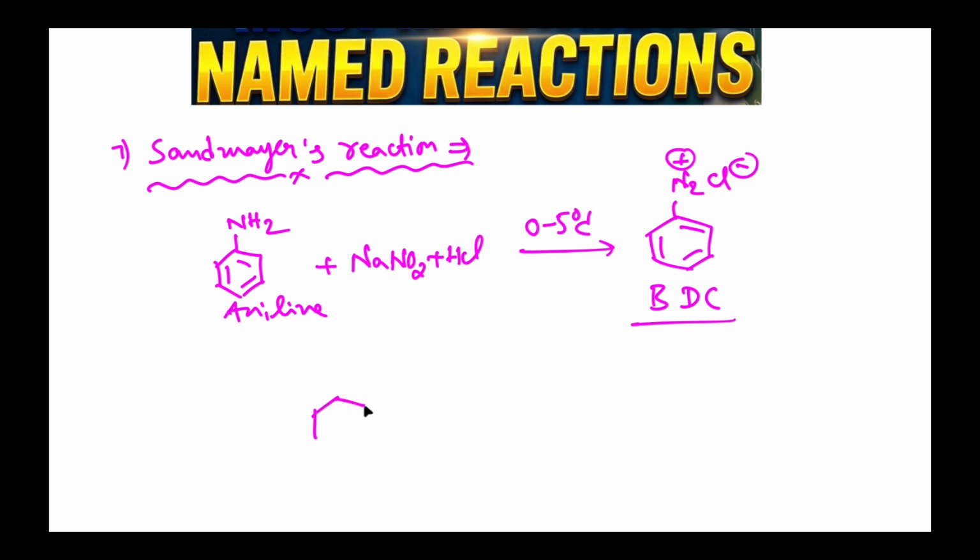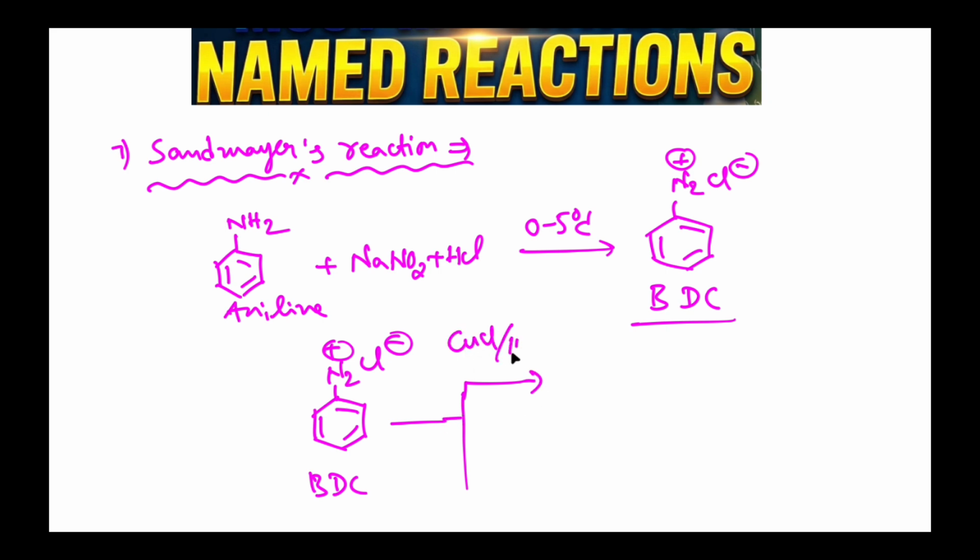This benzene diazonium chloride, when heated with CuCl and HCl or CuBr in the presence of HBr, produces the corresponding aryl halides.